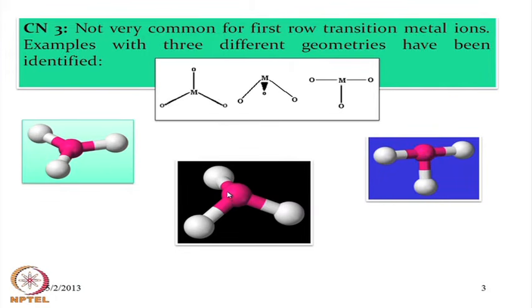If this is a pyramidal structure, we get around 105 degrees, but when this is T-shaped, we get two types of bond angles. So, the metal-ligand bonds are different. This M-L and this M-L will have an angle of 90 degrees. This L-M-L angle is also 90 degrees, but this L-M-L angle is 180 degrees. This T-shaped structure is not very common.